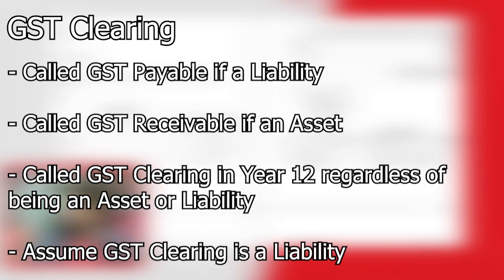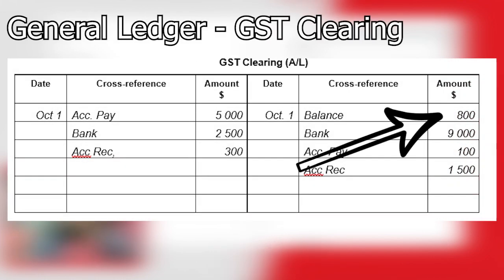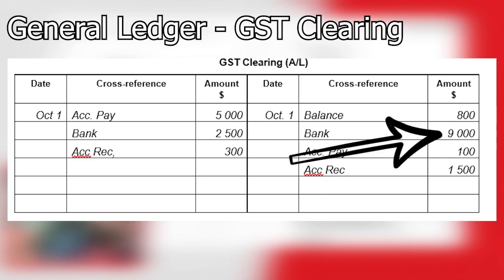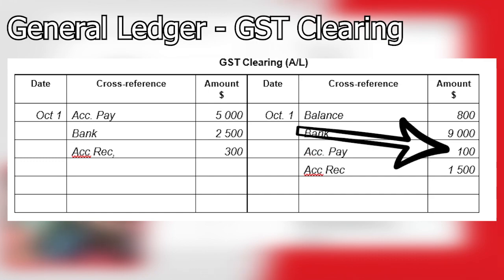So if we have a look here, we started off with a balance of 800. You see there's a bank of 9,000. That means they received 9,000 GST in cash. And then further down, you've got accounts payable 100 and accounts receivable 1,500.